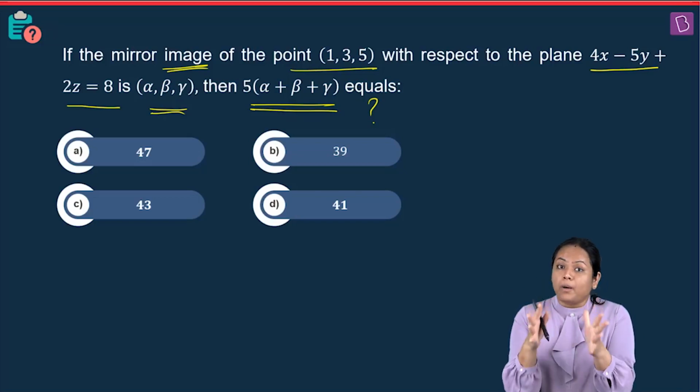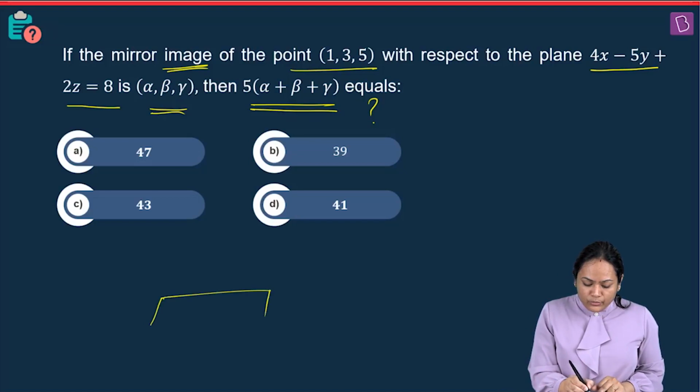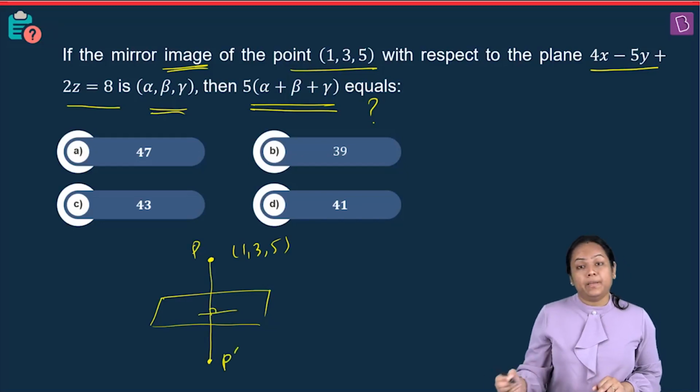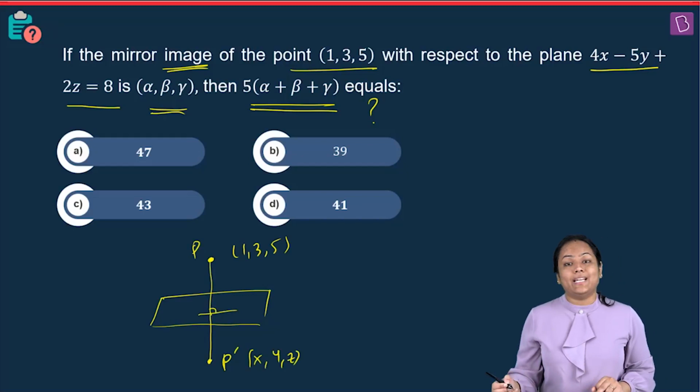Okay, so the formula is, let's quickly see. If I have my plane, I have to find the image of the point, let's say 1, 3, 5, about this plane. So let's say this is P, this is my P dash. I'm taking my P dash as x, y, z.